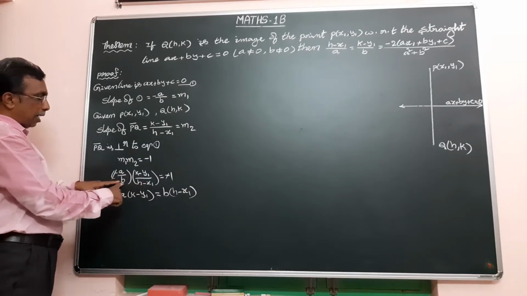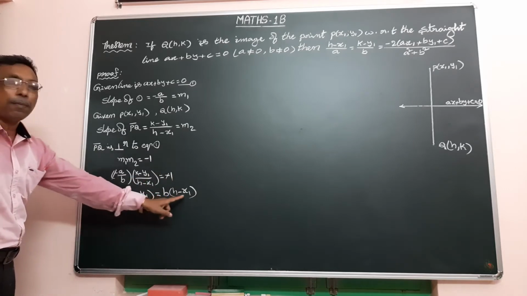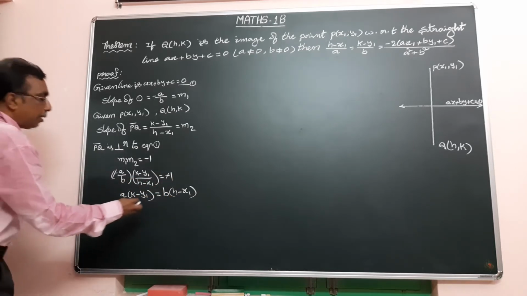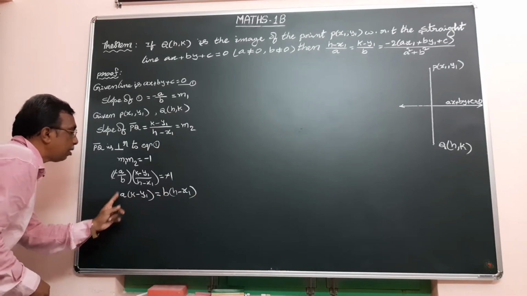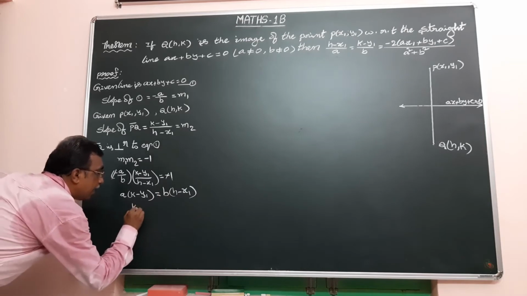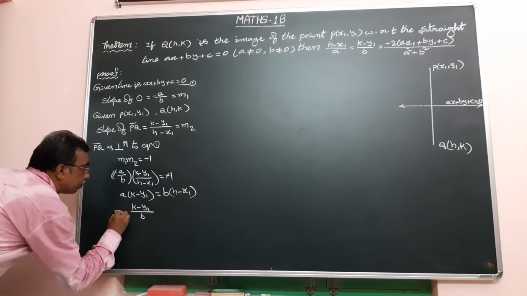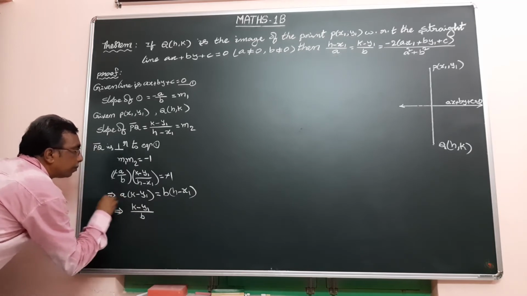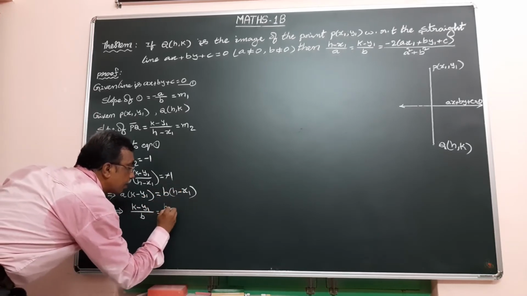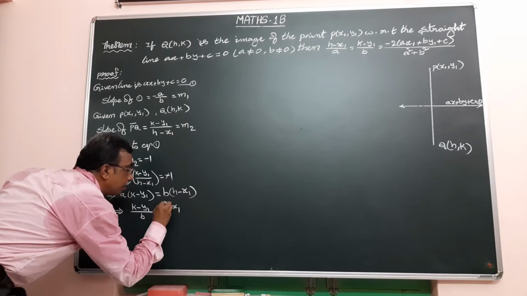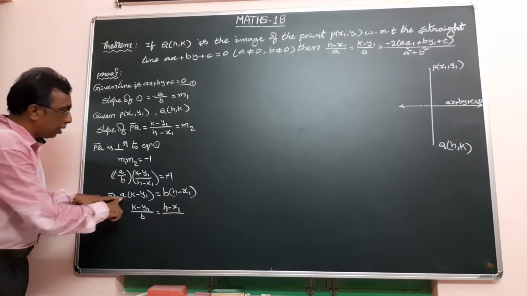Now we take the coefficient RHS to LHS. k minus y1 by b equal to h minus x1 by a, taking this coefficient LHS to RHS.